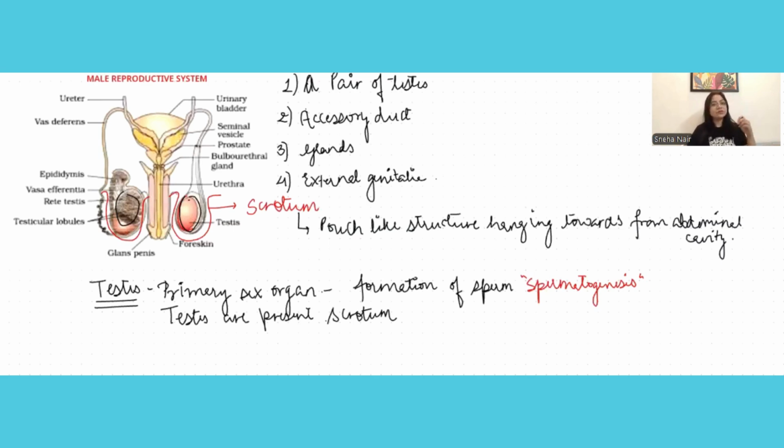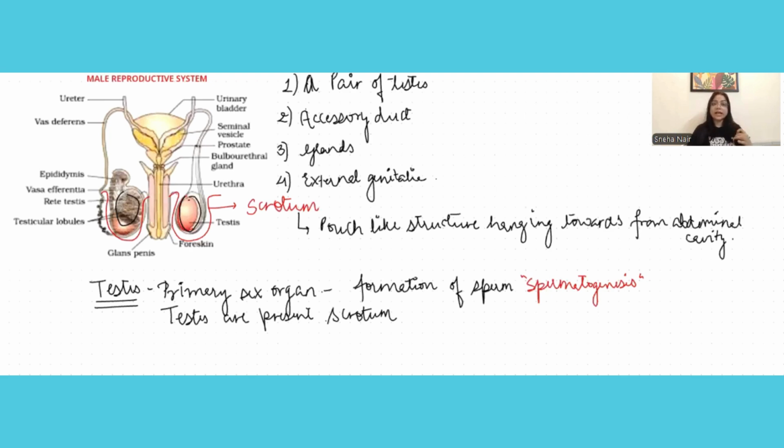And in absence of spermatogenesis, if sperms are not present in the male, will the male be sterile or fertile? The male will be sterile. That means the male will not be able to reproduce because the male will not have sperms. So that is why it is very important for the testes to descend down into the scrotum.